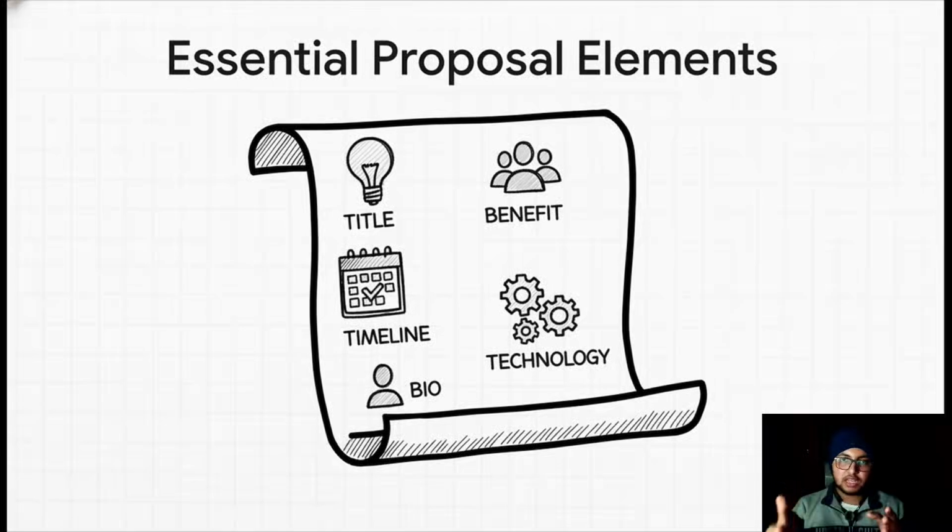Then you will have to tell about what the benefit will that organization have from your feature, and also you will have to specify the timeline that you require in order to incorporate that feature into that organization's repository. And you will also have to tell the tech stack that you will be using, the technologies that you will be using, and at last you will have to add up your bio.